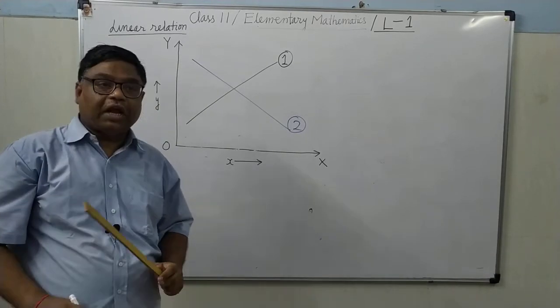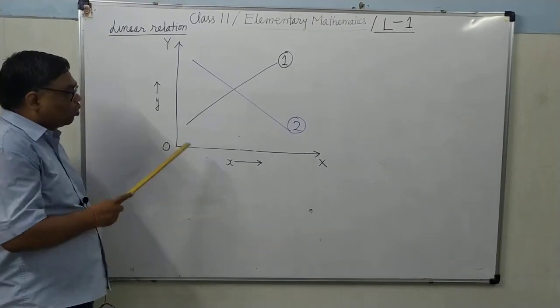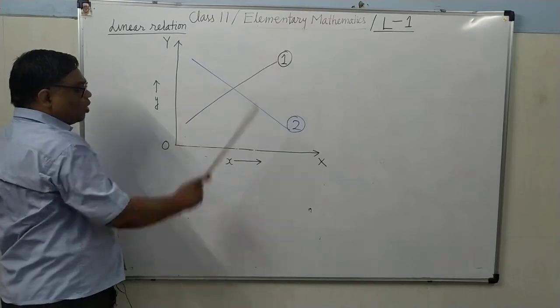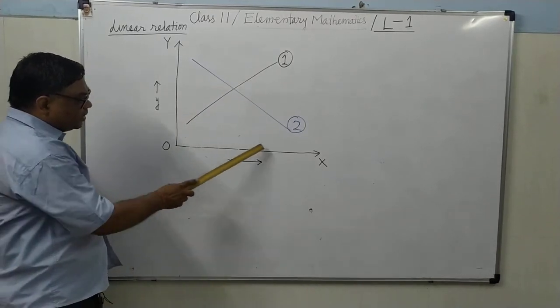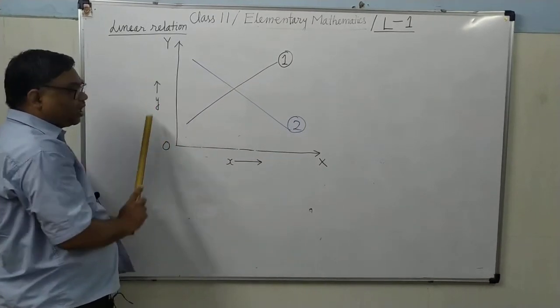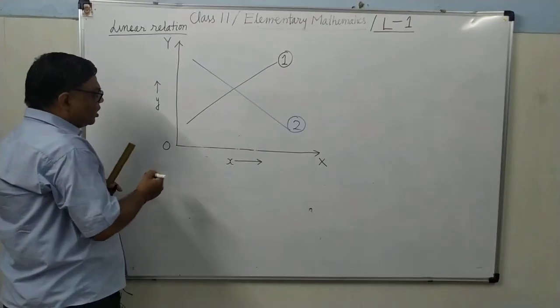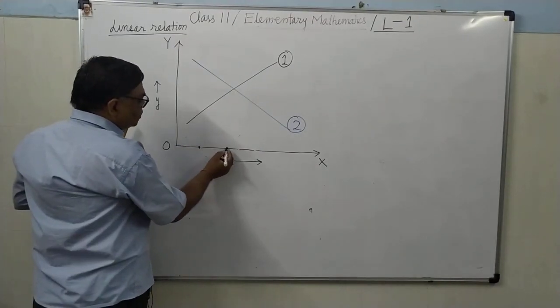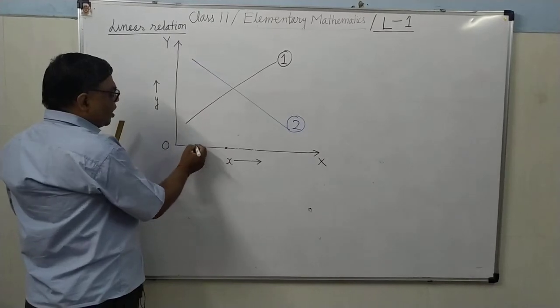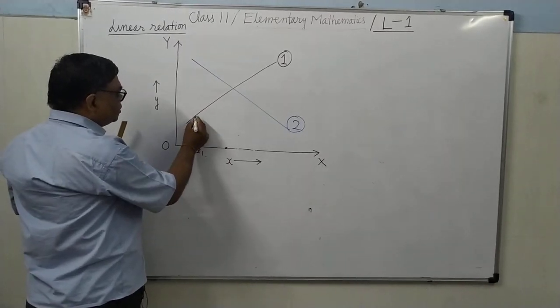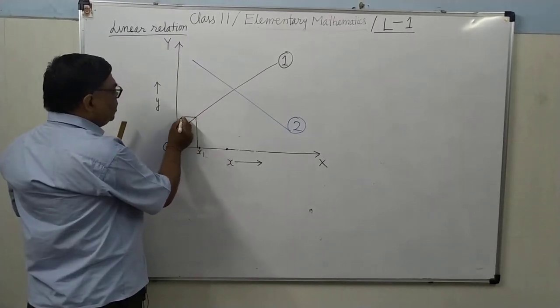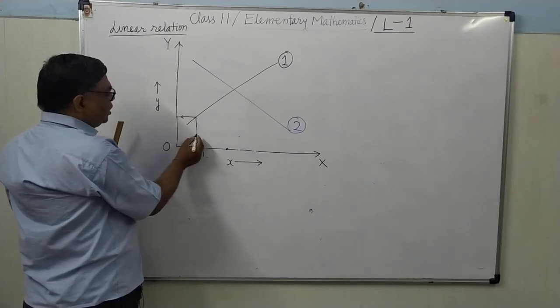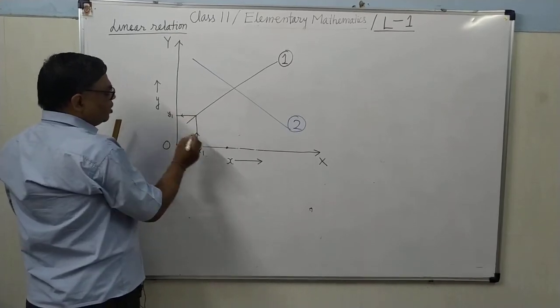What is the meaning behind sloping up or sloping down? If you see graph 1, you will find that as x increases, the value of y is also increasing. You can see here, you have taken 2 points on the x-axis. For this value of x, what is y? Y is this. Is it clear? This you can name y1.